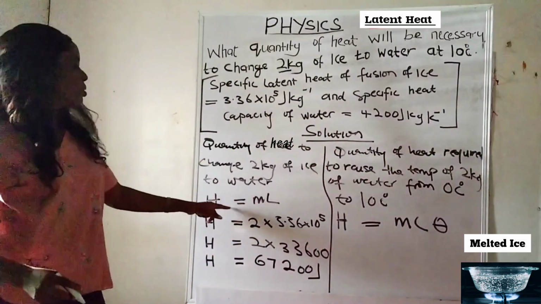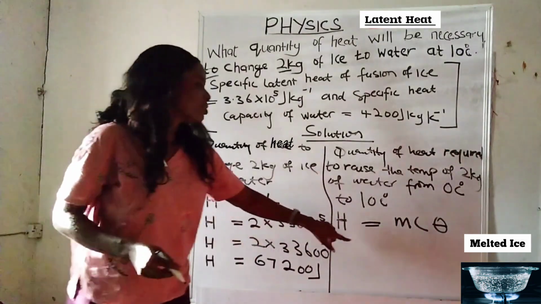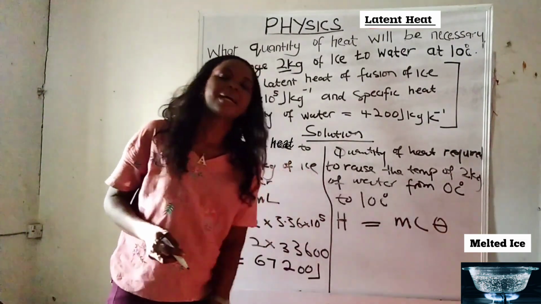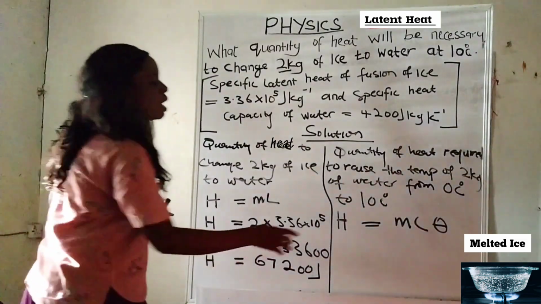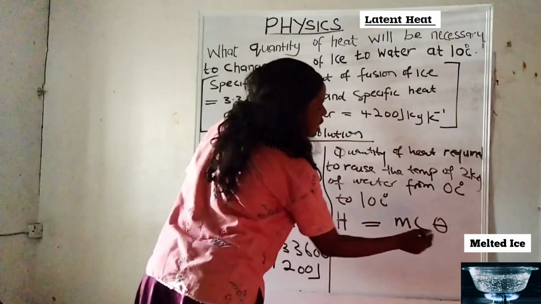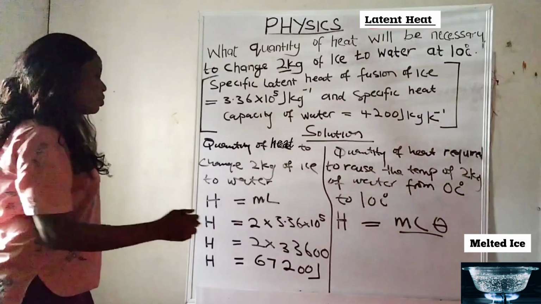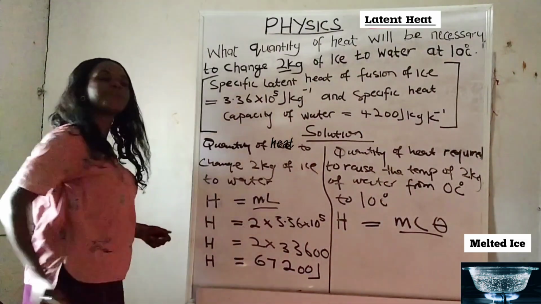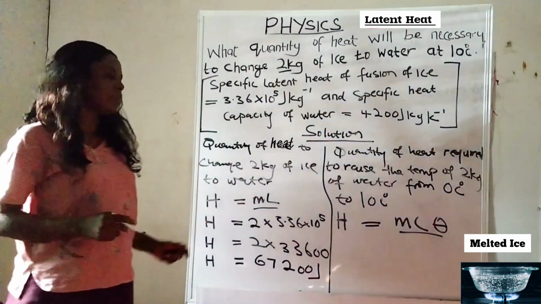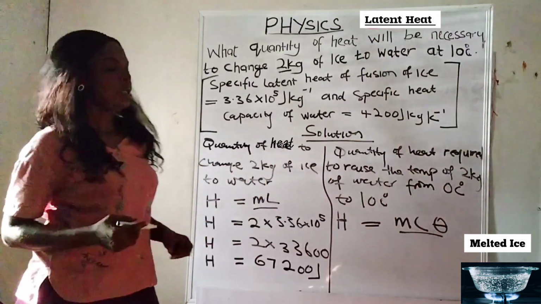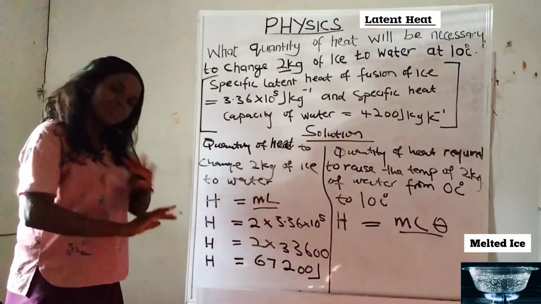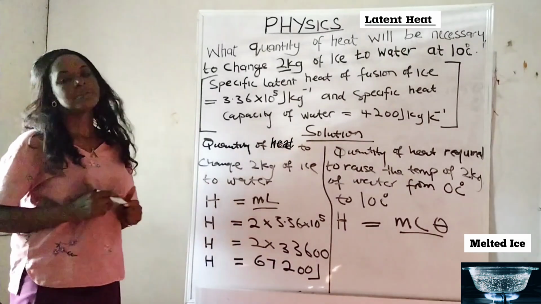No more H equals ML. H equals MC theta goes with increase or decrease in temperature, while H equals ML goes with the same temperature, no increase, no decrease.